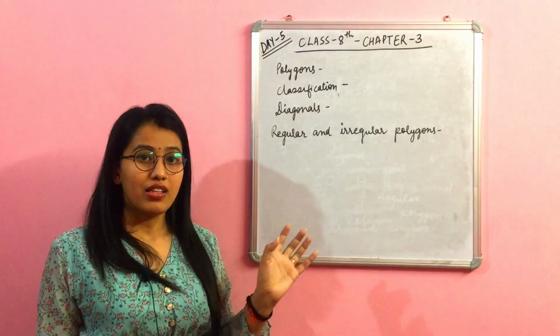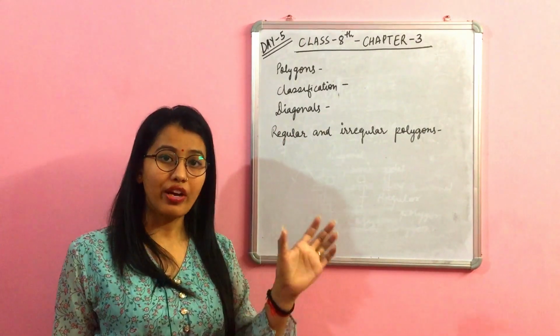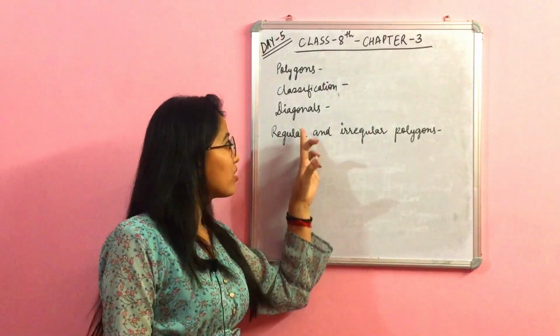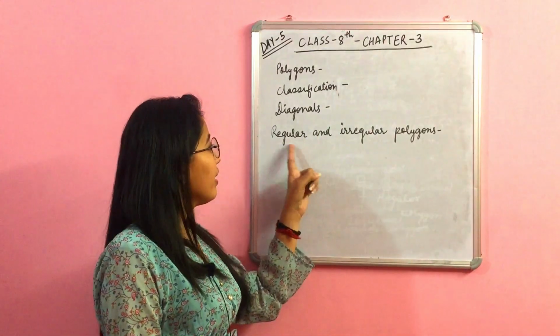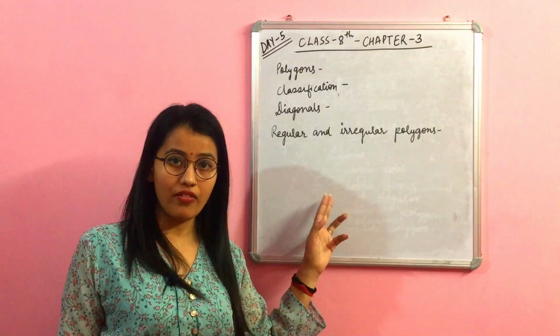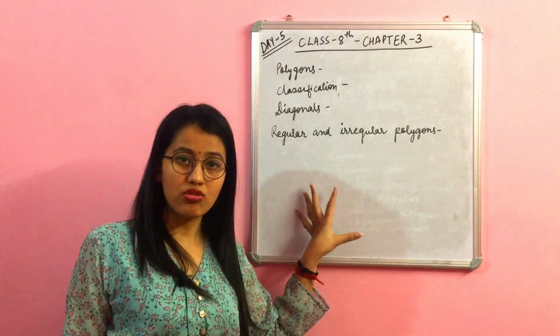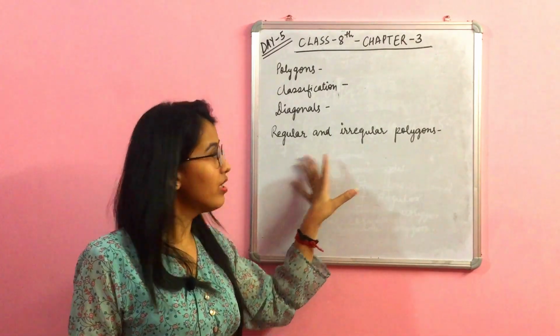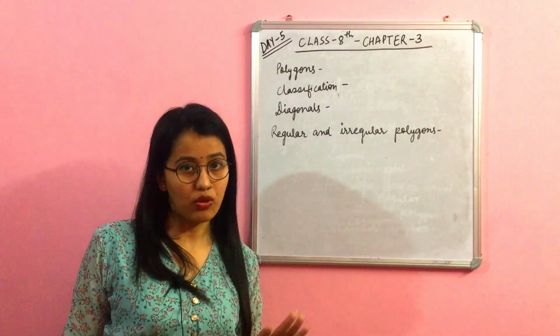Diagonal means a line segment which is joining two non-consecutive vertices of any closed curve. Regular polygon: if any closed curve has the same sides and the same angles, then it is a regular polygon. Otherwise it will be an irregular polygon.